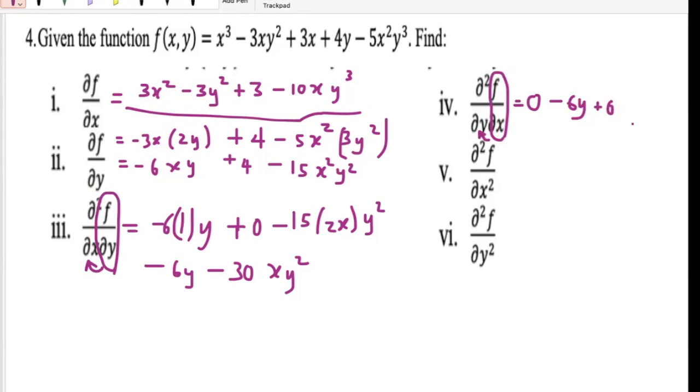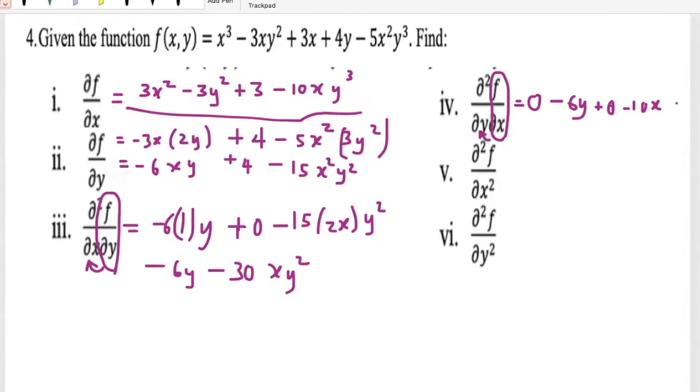And then you differentiate the y cubed. So I'm going to rewrite minus 10x. But differentiate the other part, I am going to have 3y squared. Simplifying, I have minus 6y and 3 times 10, minus 30xy squared.